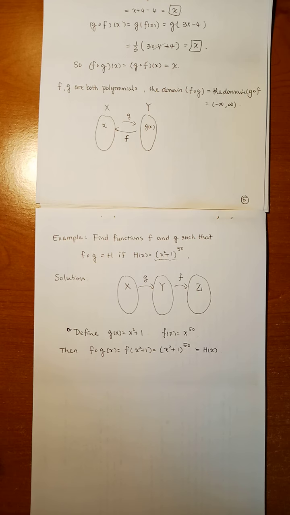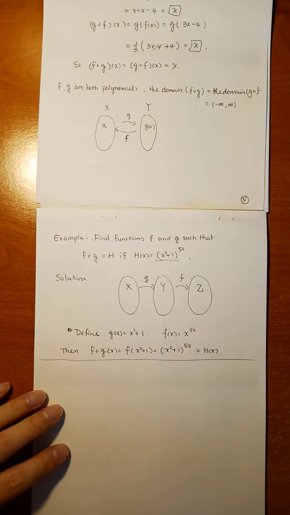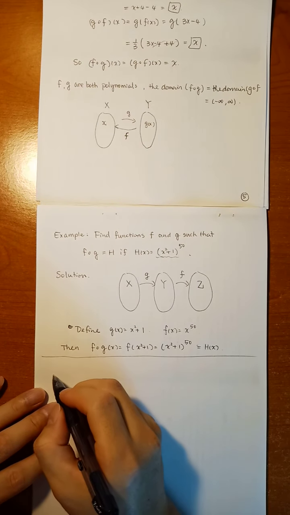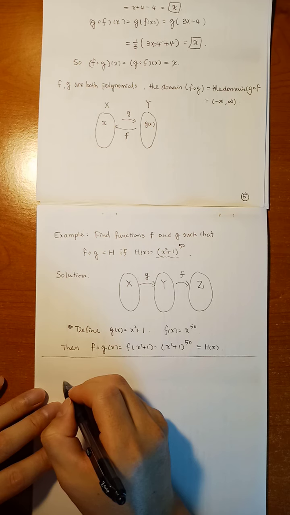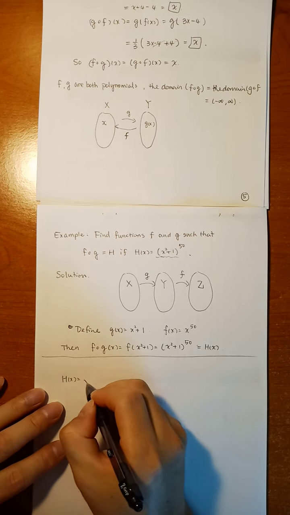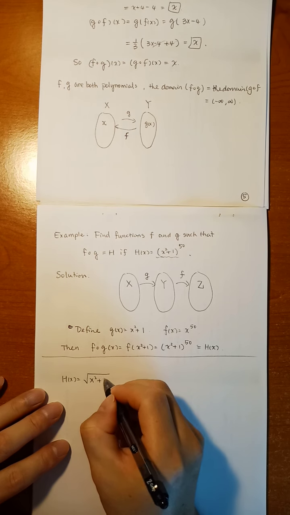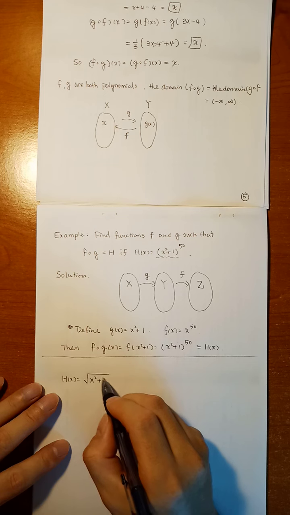For example, if you have the square root of x squared plus 1, how do you do that? You first compute x squared plus 1.